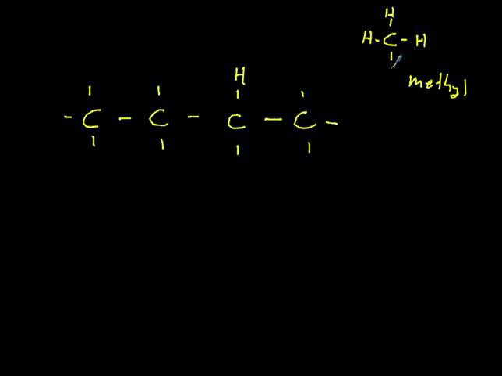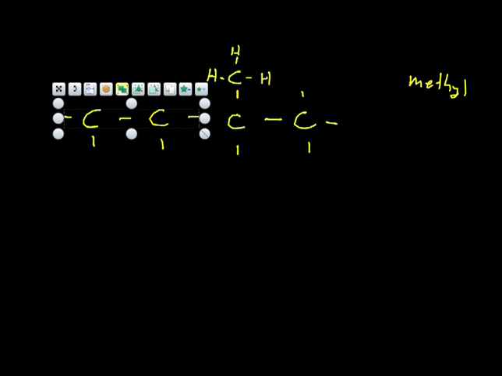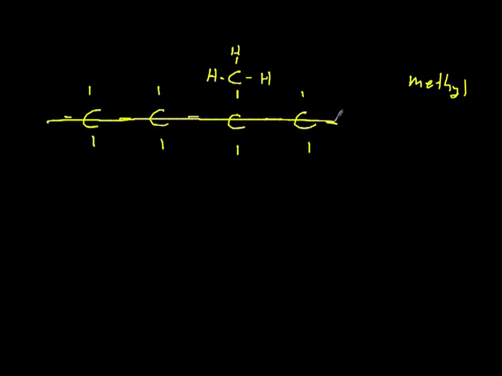So I took off the hydrogen off the methyl group, I take off the hydrogen here, and I move it on and attach it there. Okay, well, that is now a side chain. Here's my main chain in my organic compound. It's 4 carbons long. And then there's a side chain.